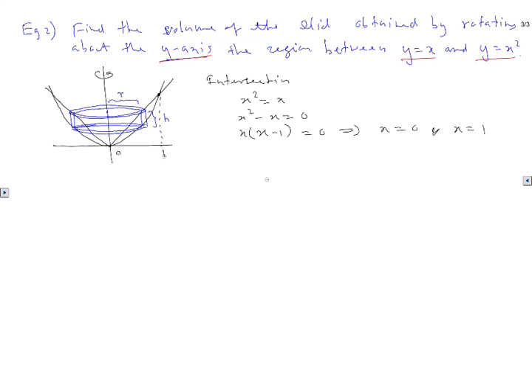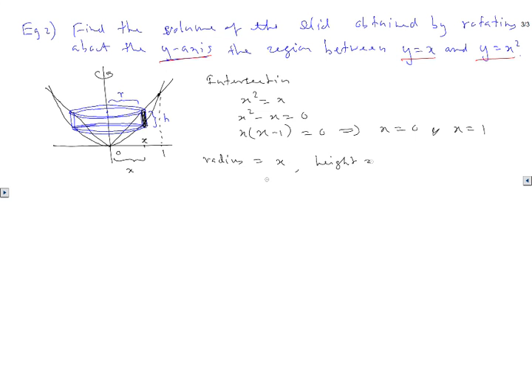And then what else do you need? You need the shell radius. So what's the shell radius? The shell radius is the x coordinate value. So the radius equals the x coordinate.